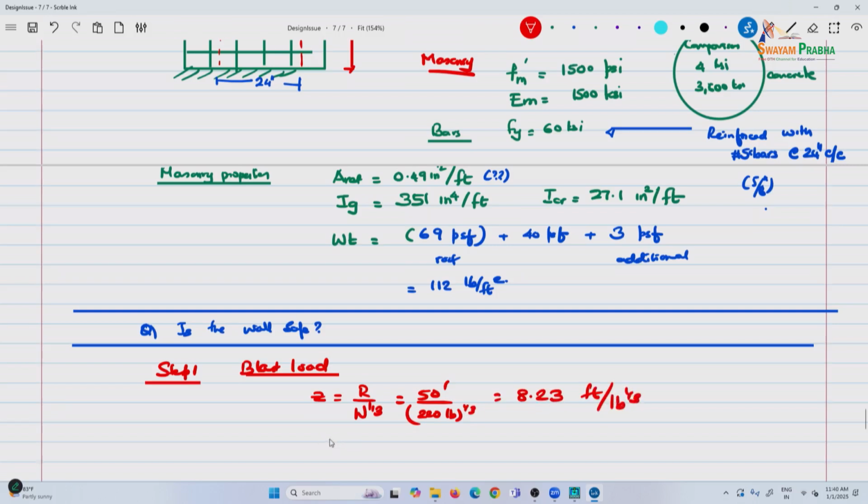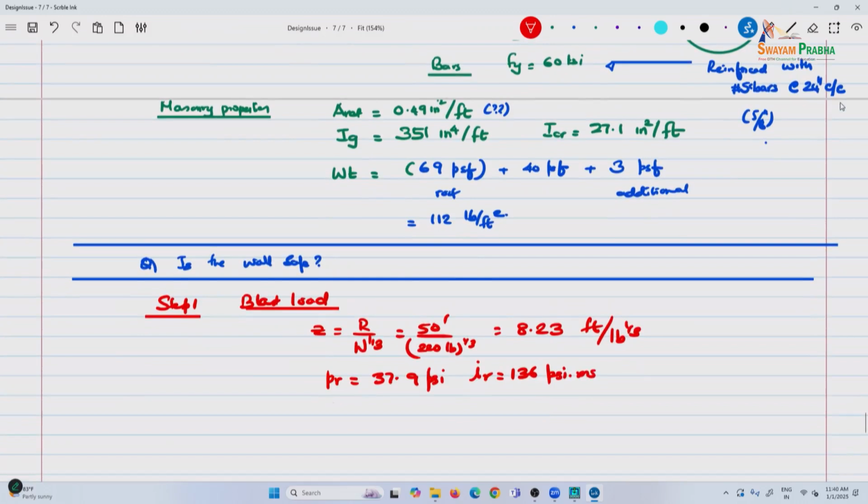And the pressures are 37.9 psi, IR is 136, and TD is 2 IR by PR, which is 7 point.